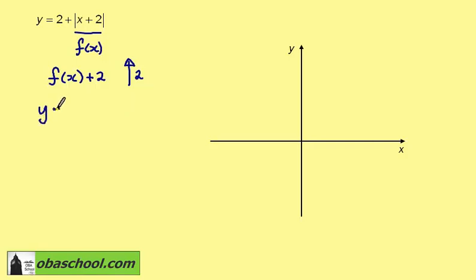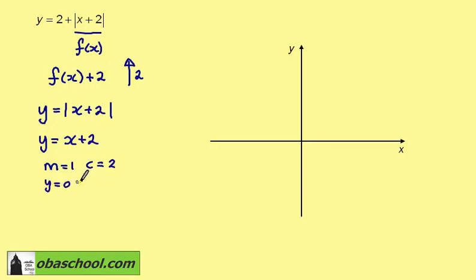Let's consider first sketching y is mod x plus 2. As a first step, we know that we need to sketch y equals x plus 2. This is a straight line with gradient equal to 1 and y-intercept 2.